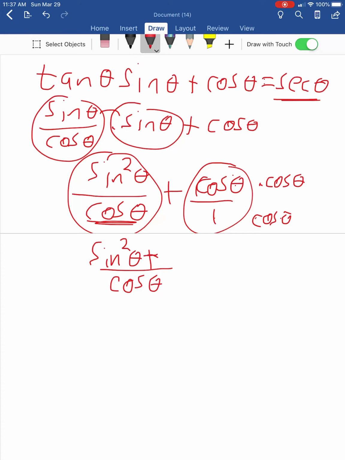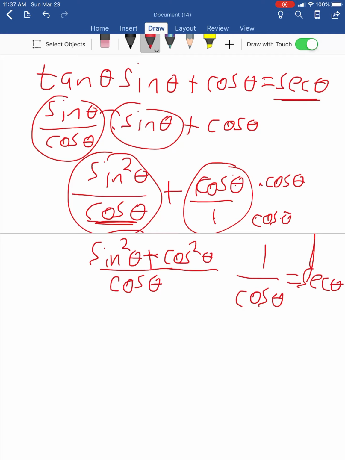And cosine times cosine would be a cosine squared. Look at your trig identity formula sheet. What is sine squared plus cosine squared? 1. So I have 1 over cosine, which is what? What's the reciprocal of cosine? Secant. So 1 over cosine is secant, which is what I was trying to verify in the first place.